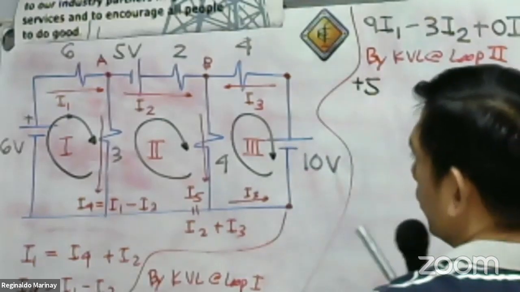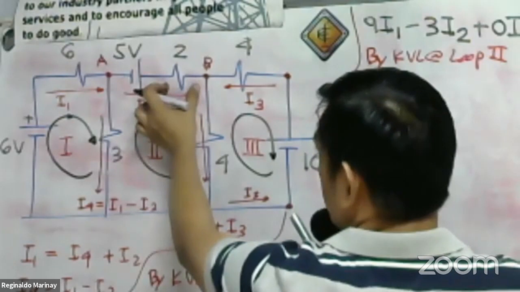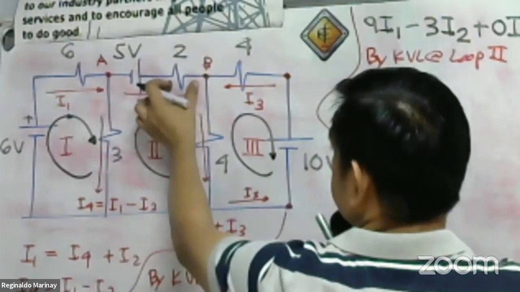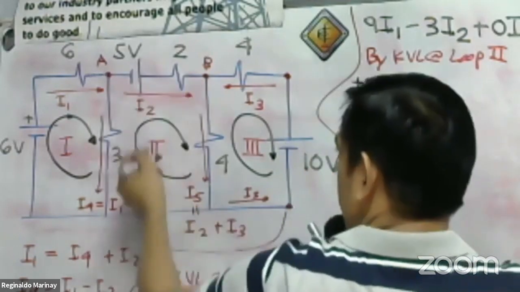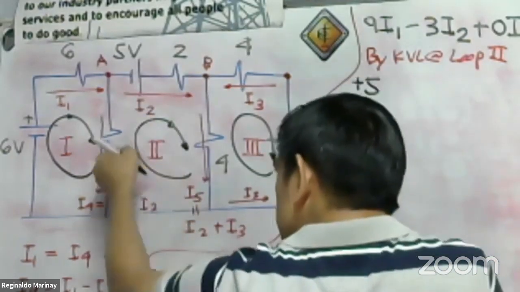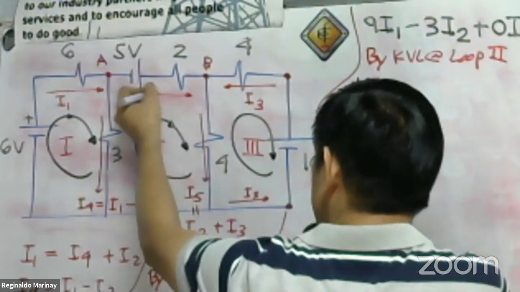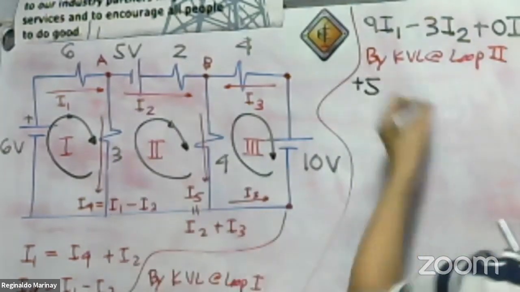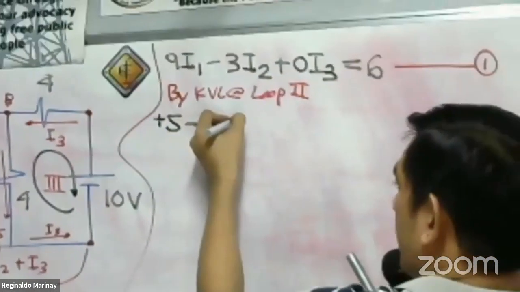What about the voltage drop? This is the voltage drop here. The current I2 is going to the right, and this circuit tracing, if you are to trace, is also going to the right. Okay, only one direction. So that is 2 I2.